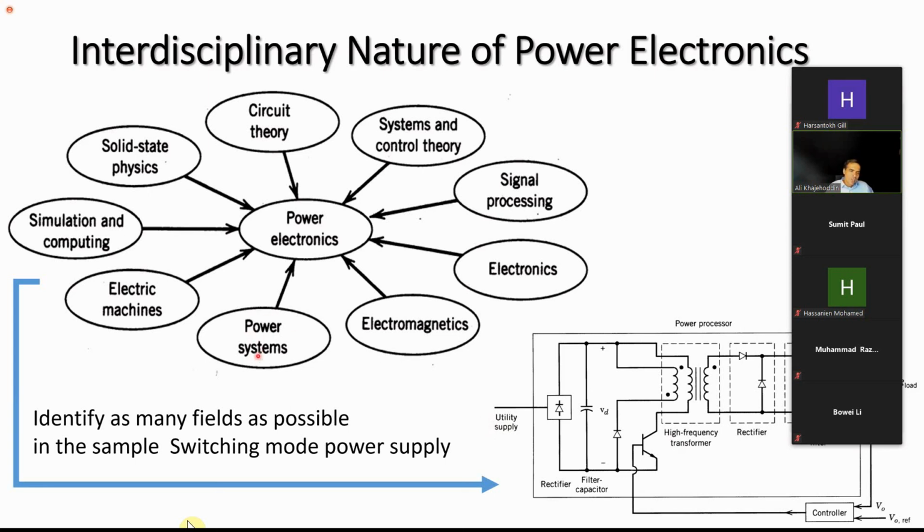So that is also needed. Electric machines, if you're designing power electronics for electric machines, you have to have a very good knowledge about electric machines, because this is going to control the electric machines.